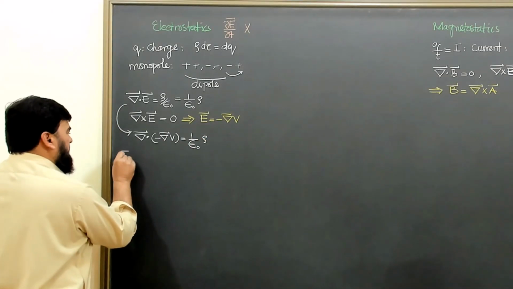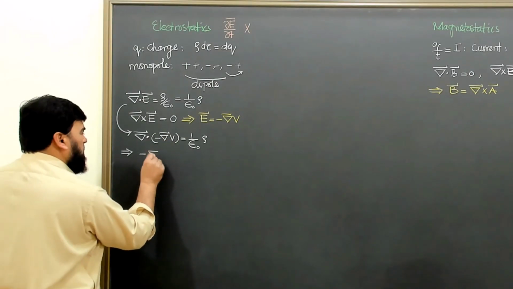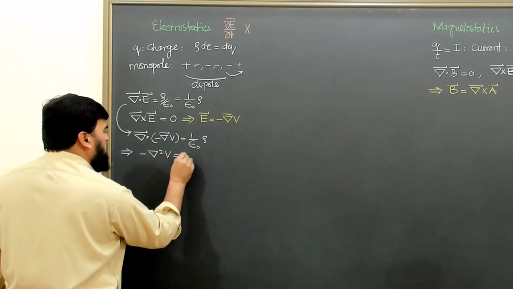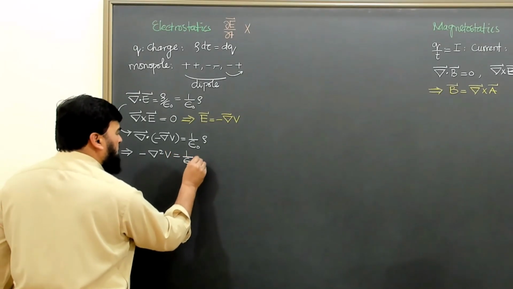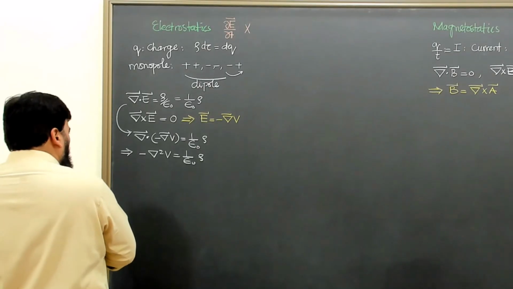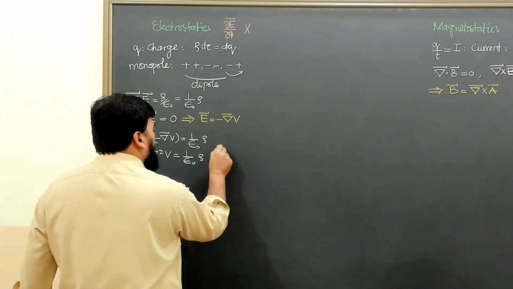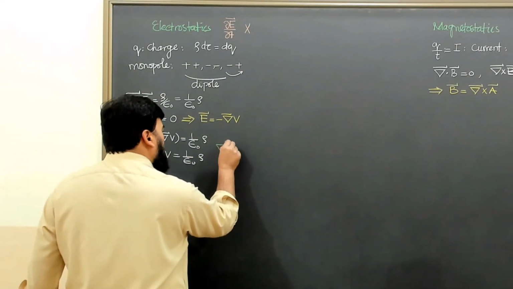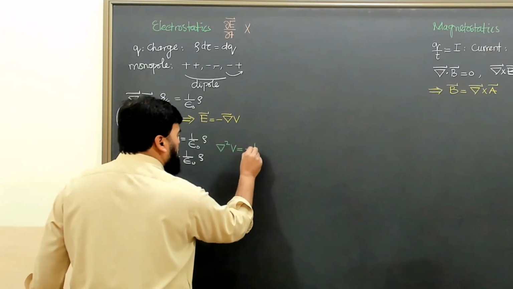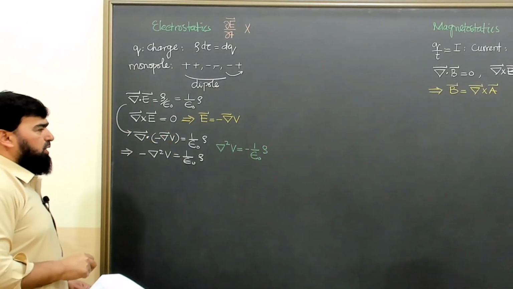So minus del dot del becomes del square, and this implies that del square V equals minus 1 over epsilon naught times rho.